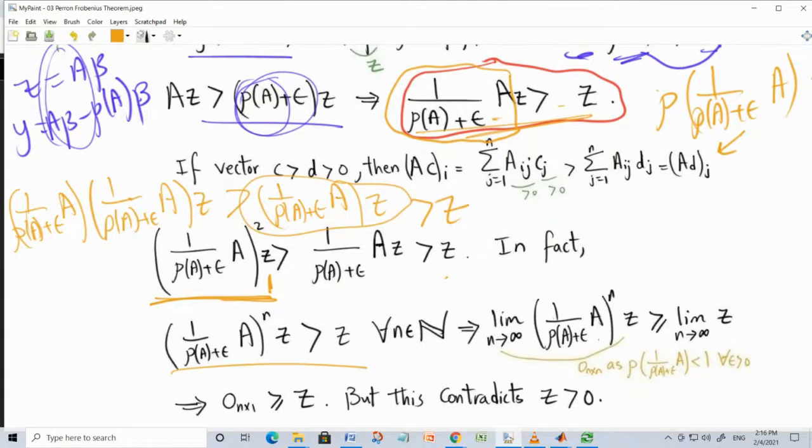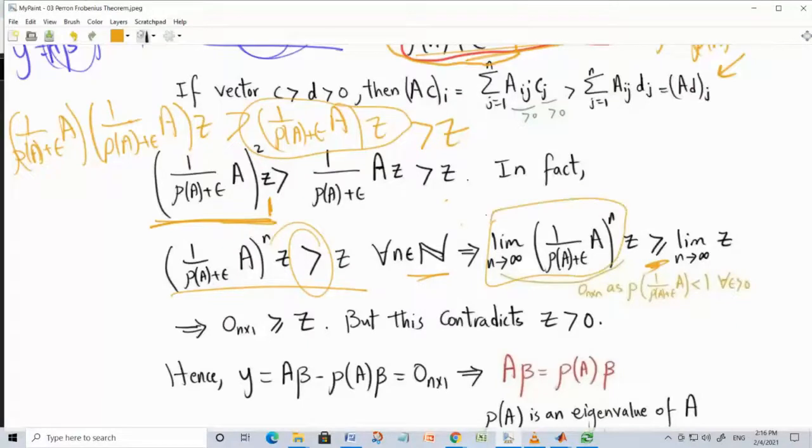Now take the limit of both sides as n goes to infinity. If you have an inequality valid for every natural number, then it is valid in the limit as n goes to infinity. You just need to change one thing: if your starting inequality is strict, you need to include the possibility that it is greater than or equal to. So this is exactly what we will do here.